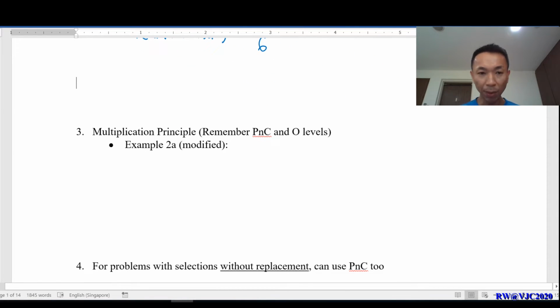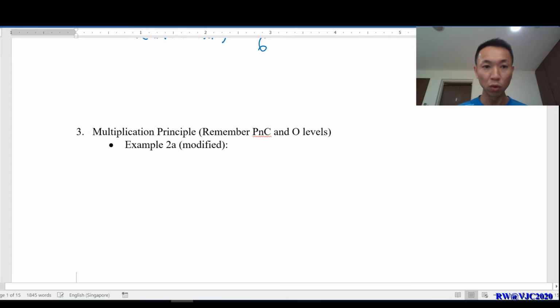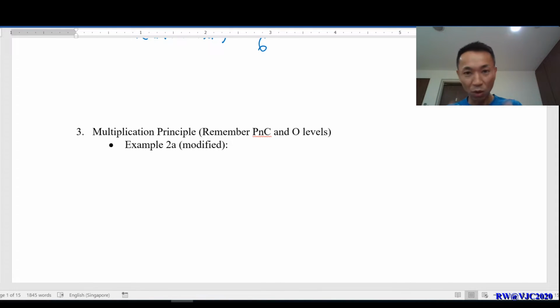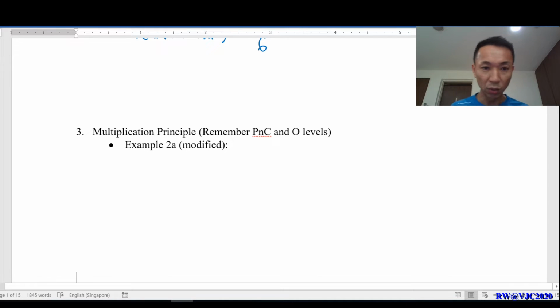Next, in probability, we also use the multiplication principle. Remember what the multiplication principle is? You use the multiplication principle if things happen one after another. Let us use example 2, which is in your notes, but I modify it a little.